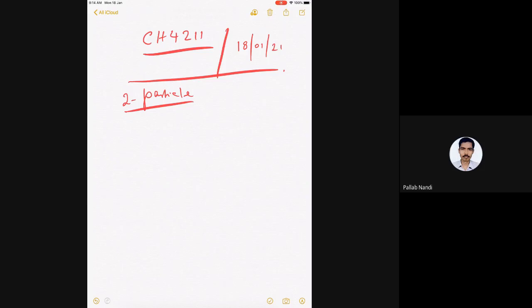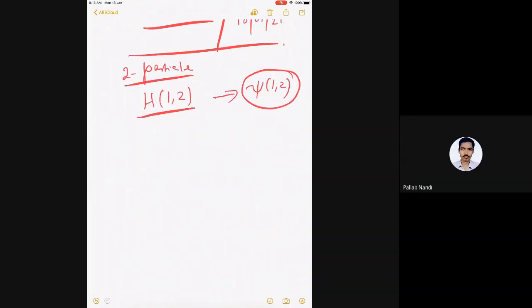But let me first continue with the theme of these two particles. Essentially, I have a Hamiltonian H(1,2), and I have some wave function psi(1,2). I may or may not know this. But let's assume that I can write this wave function in terms of this simple concept of orbitals, which of course is possible exactly when this is non-interacting.